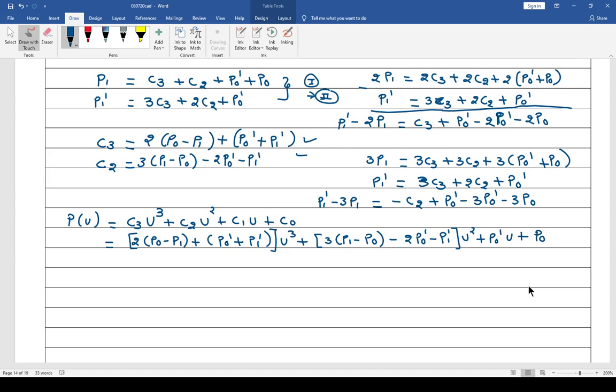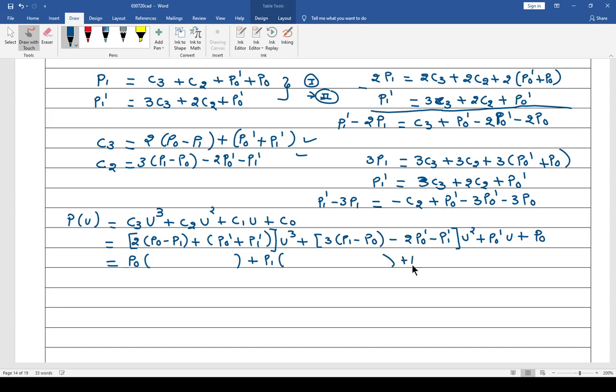Now what you have to do, you have to collect the coefficient of P0. So I should write P0 here, and then I'll have its coefficient somewhere here, plus I'll be writing P1, and then we'll collect a coefficient here.